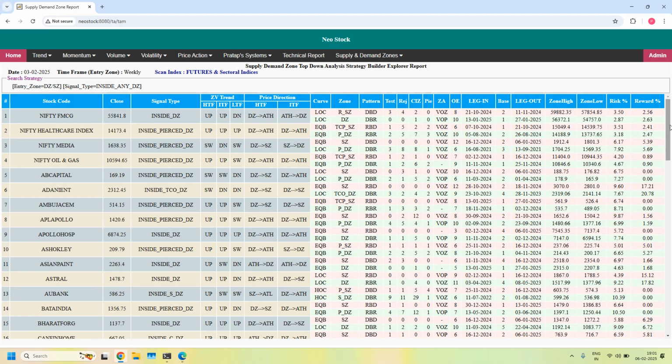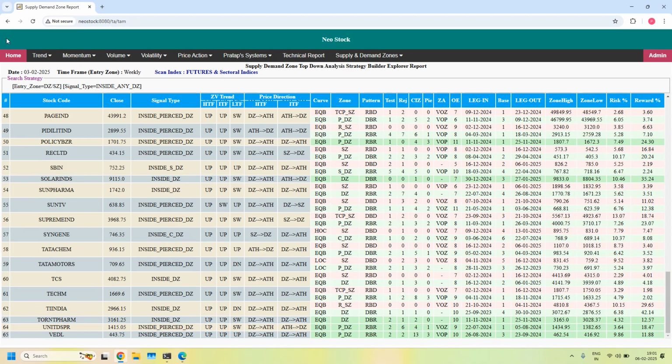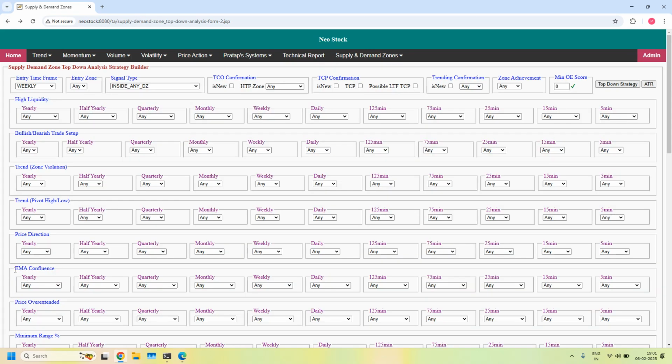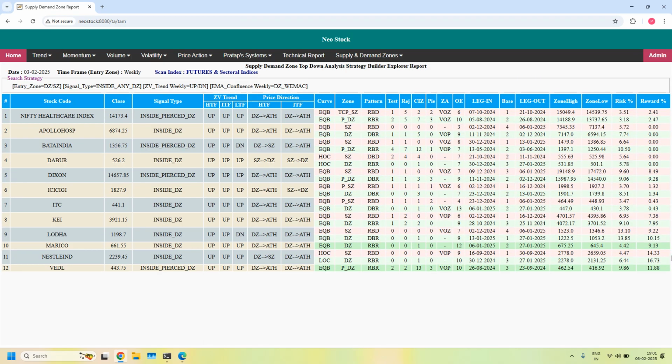We will also further filter this list based on EMA Confluence. So in the EMA Confluence, at weekly time frame, weekly demand zone having weekly EMA Confluence, and the trend on the weekly time frame is either up or down. With these filters, we got 12 stocks. These 12 weekly demand zones are having weekly EMA Confluence.